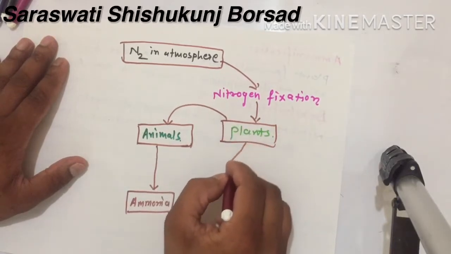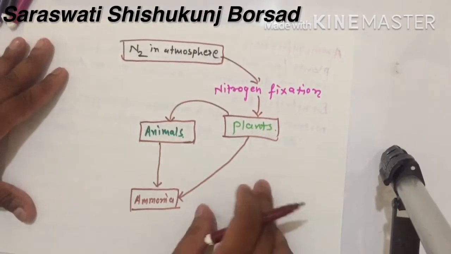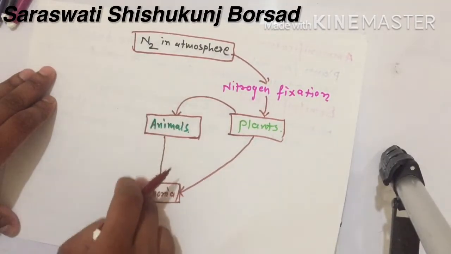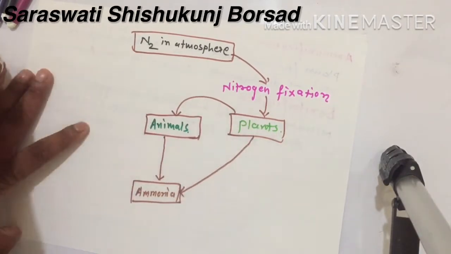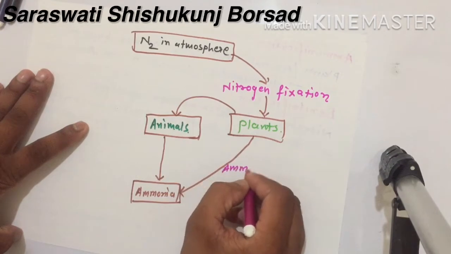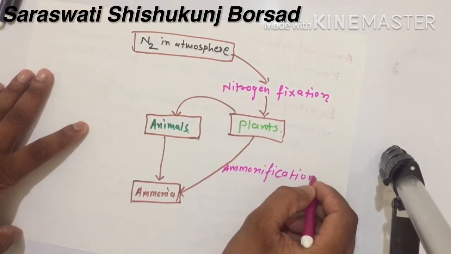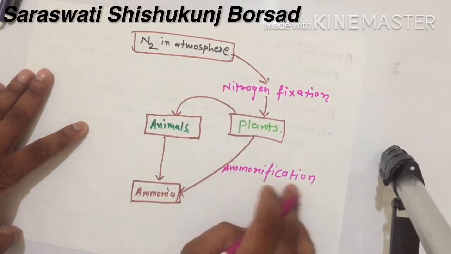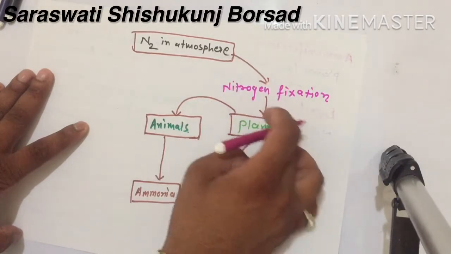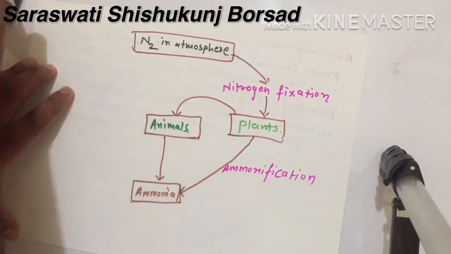Also, when these plants decay, they will convert it into ammonia, and this conversion is known as ammonification. In ammonification, this nitrogen which is used by plants and animals will get converted into ammonia.